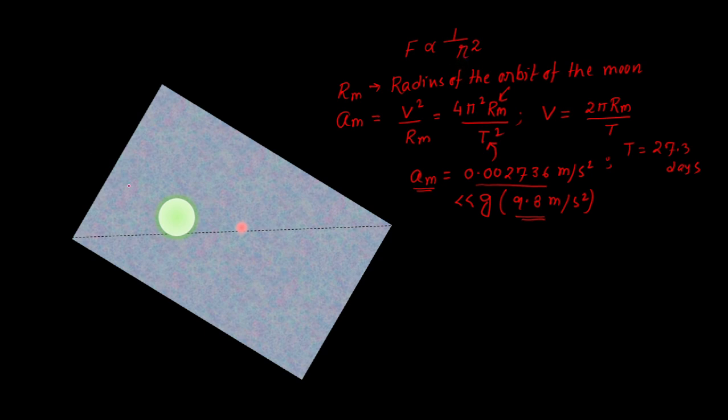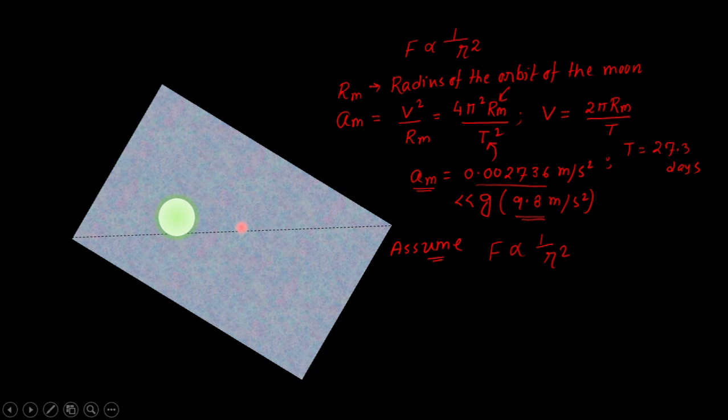So let us assume that the gravitational force due to the earth is inversely proportional to the square of the distance. This is just an assumption, that F is inversely proportional to the distance square. We have to prove this; initially we are assuming it, but finally we have to prove it. If we can't prove it, this assumption will be invalid.